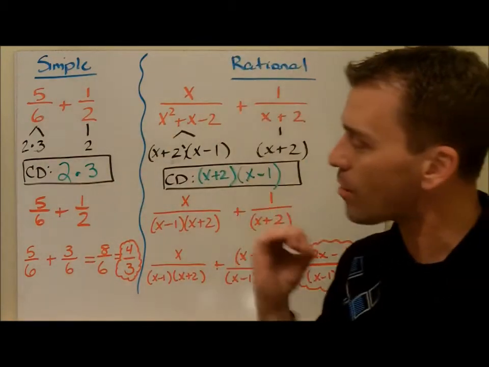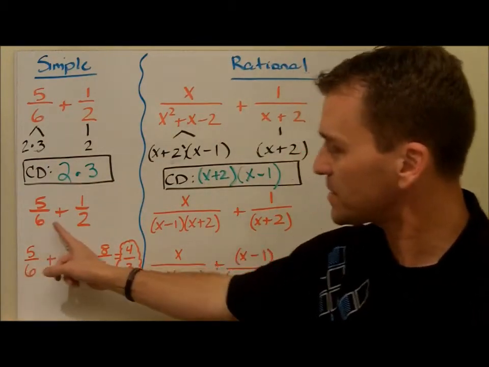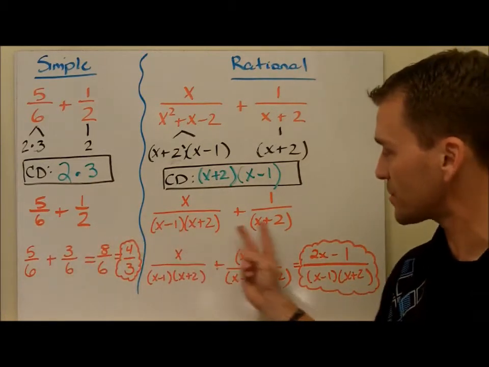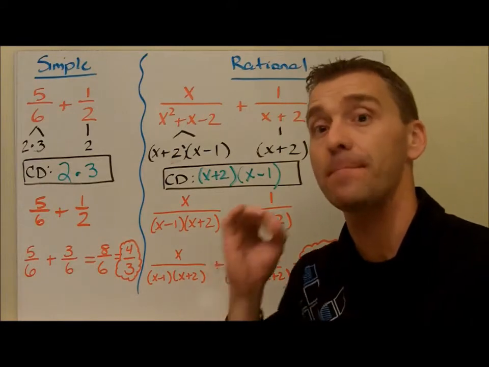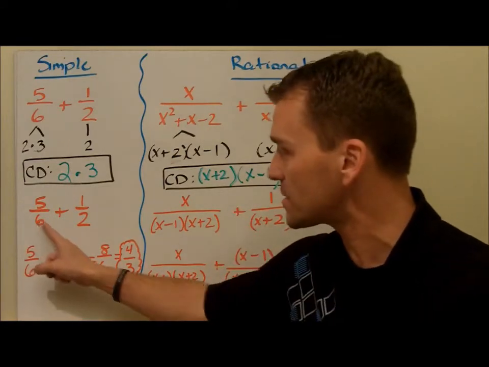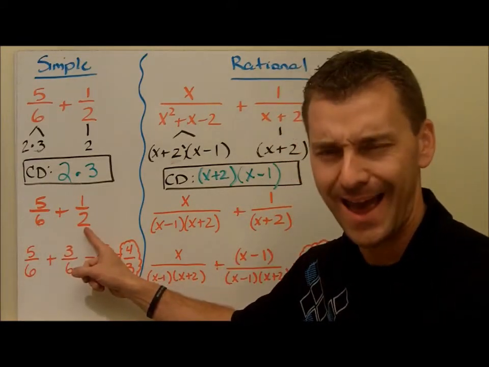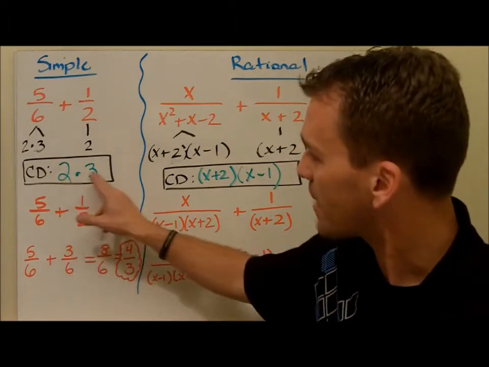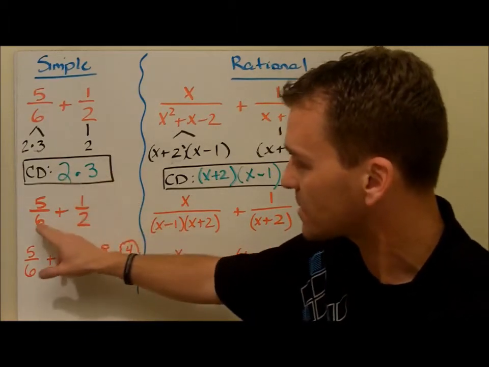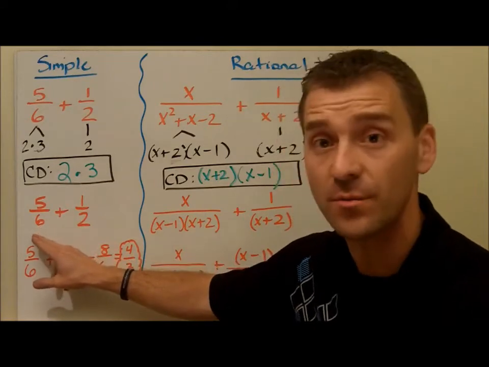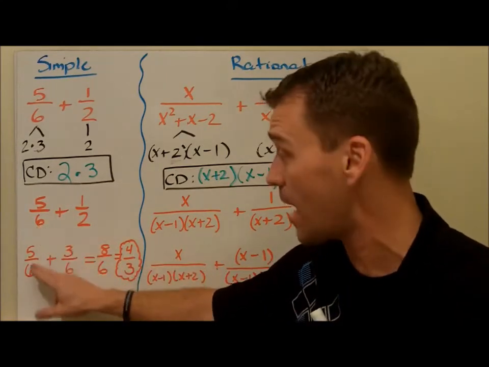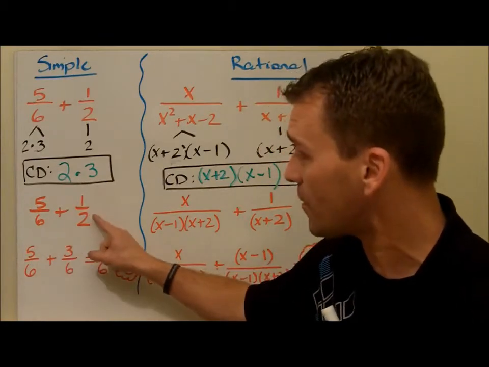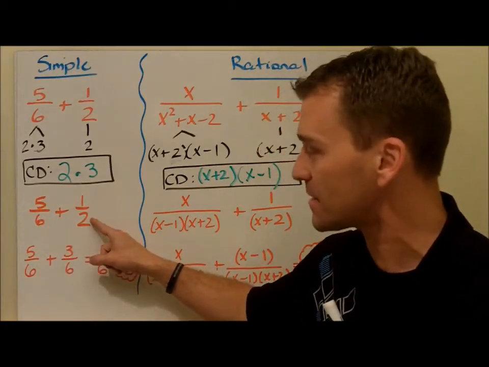We now must multiply each particular fraction, each rational expression, by what is missing from my common denominator, comparing it to each of the individual denominators. Well, here's what it means. 2 times 3 is the same as 6. Wait a minute. That's what I have in this one, so I don't need to do anything with this particular one. I have my common denominator in that one. I have 6. What I need, though, in this one, that's not 6.